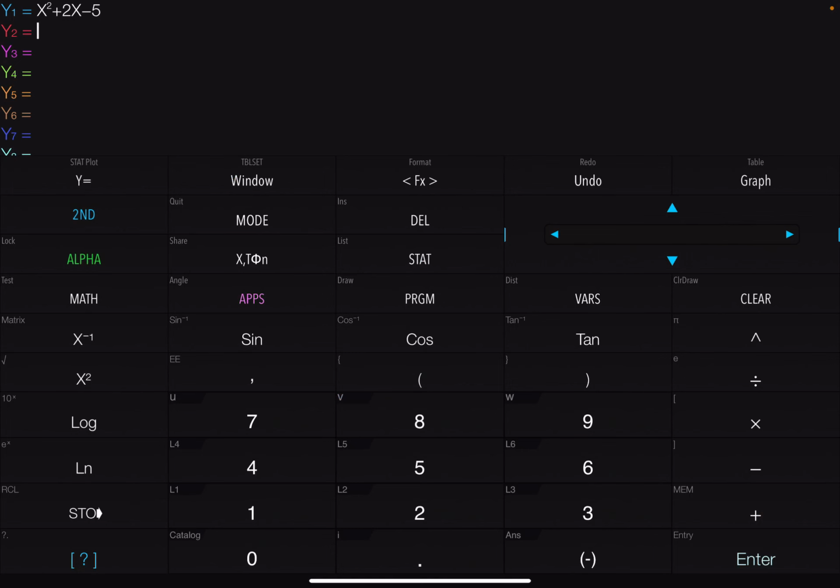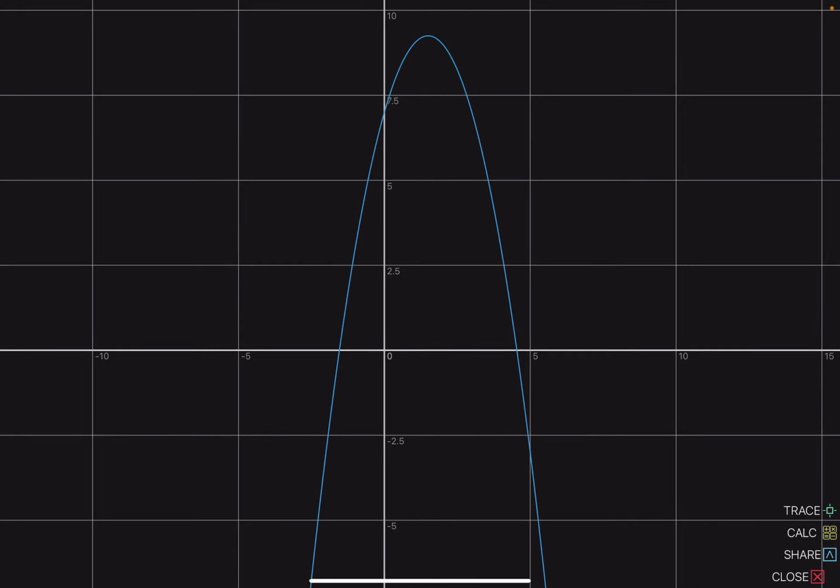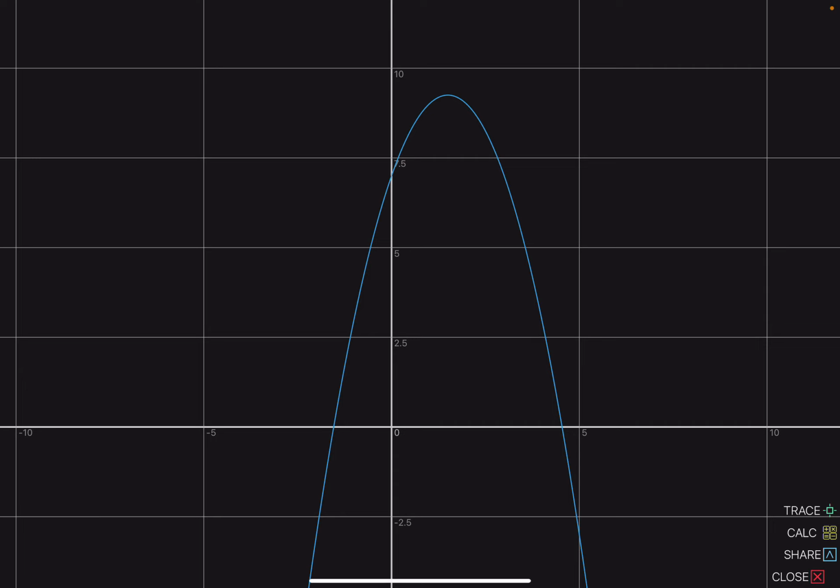And let's look at our second equation, which is negative x squared plus 3x plus 7. And when we look at the graph here, we see that we now have our parabola facing down, and let's go ahead and sketch that one.